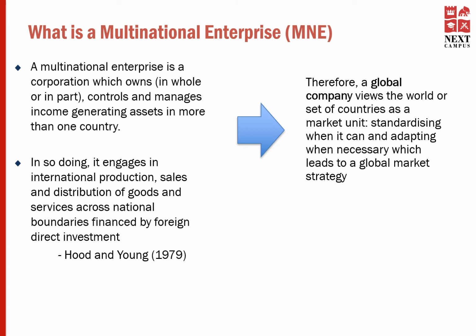Now, in doing so, these organizations have two options: standardize products and services across the market, or adapt according to different regions, countries, cultures, etc. Or the third option, a combination of this.